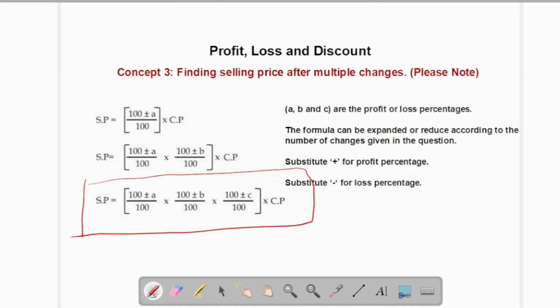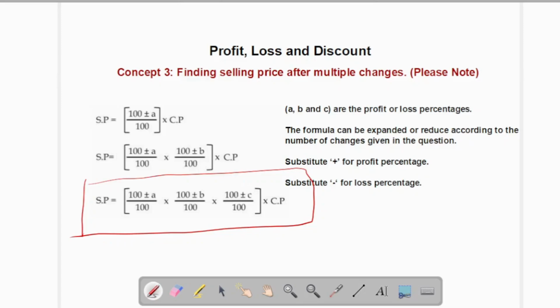So suppose we are making a profit and loss of A, B and C and so on. We are calculating the final selling price using the formula 100 plus minus A divided by 100 into 100 plus minus B divided by 100 into 100 plus minus C divided by 100 into cost price.